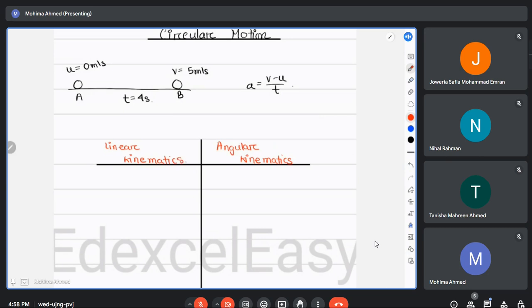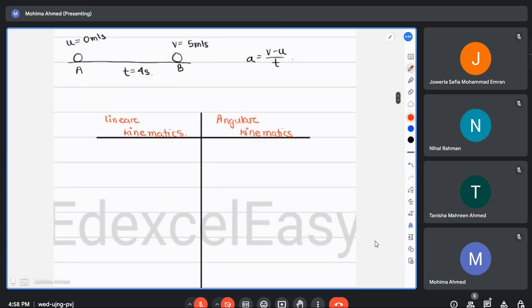So linear kinematics, the things we studied in our AS, and angular is the one that will be assessed in your A2. Okay, some things obviously will be related to your AS concepts, but now we're just going to modify the equations. For example, in linear kinematics, the equations were for constant velocity, the equation was v equals d divided by time, right?